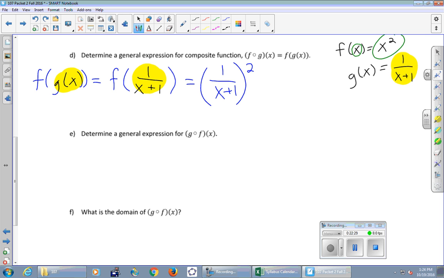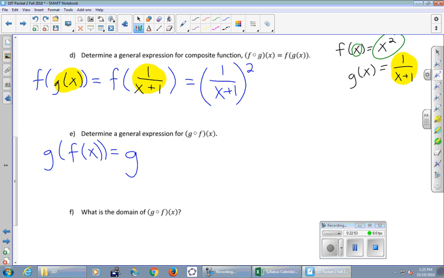Let's try part E. G of f of x. Again, let's practice with the symbols. G of f of x, lots of parentheses. Yeah, we got to put them together in the right way. So which letter is getting copied here?